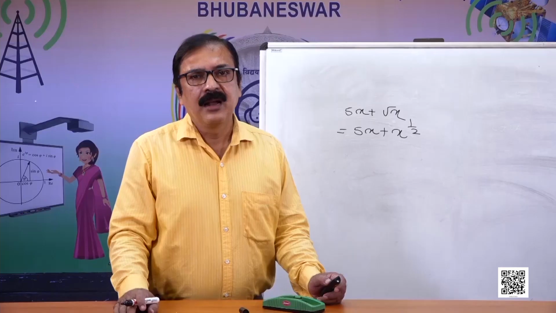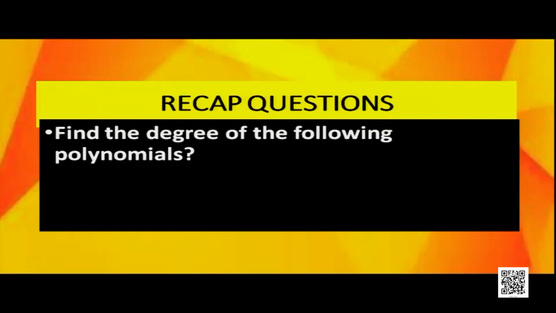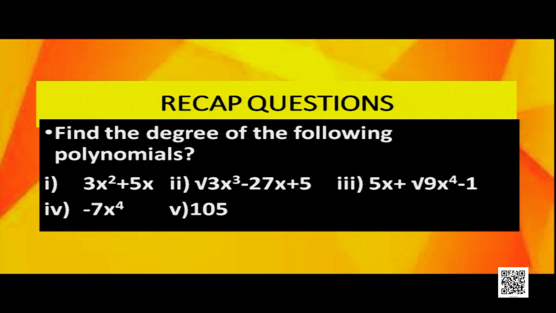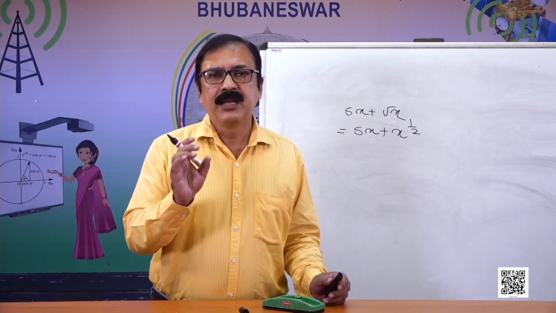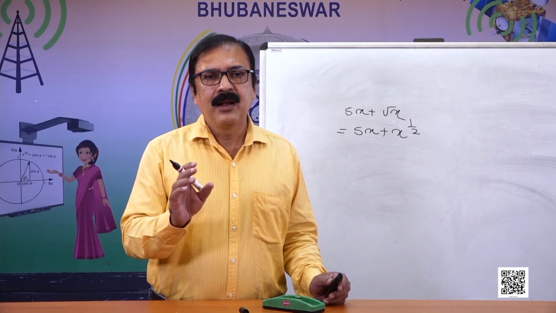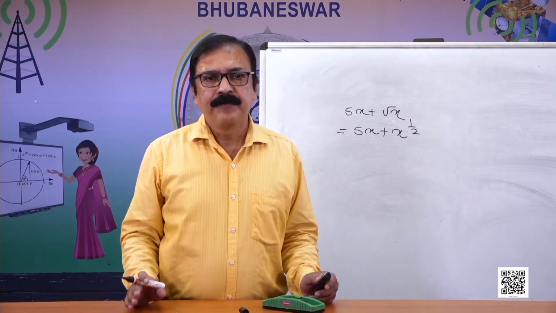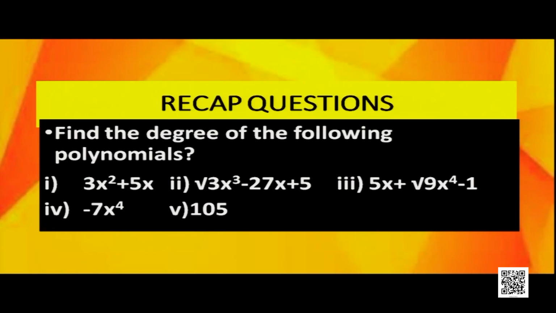Let's see another question: find the degree of the following polynomials. The first polynomial is 3x square plus 5x. To find the degree of a polynomial, we have to find the highest power of the variable. In 3x square the exponent of x is 2, and in 5x it is 1.